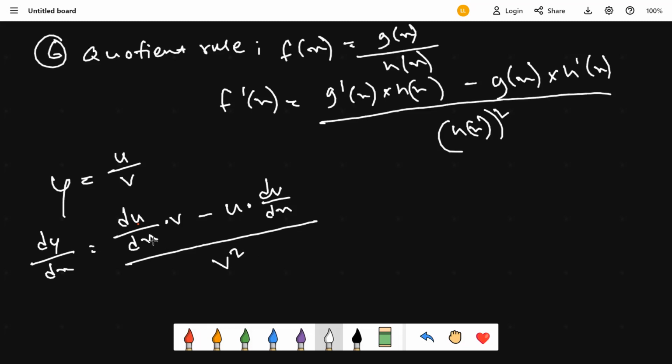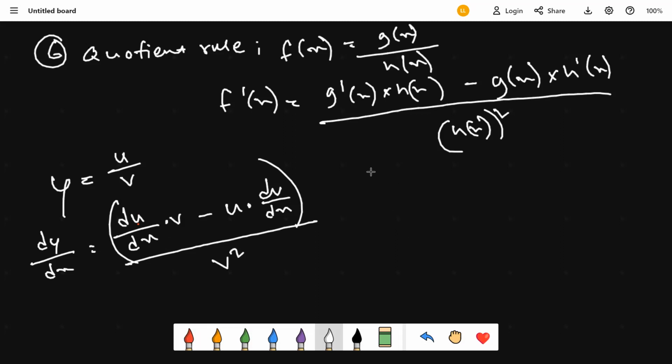If that makes sense. It is similar to the product rule at the numerator, but in the middle there is a subtraction sign instead of the addition sign in the product rule. And we have to divide the whole thing by v squared. If we do an example, that would be easier for us.